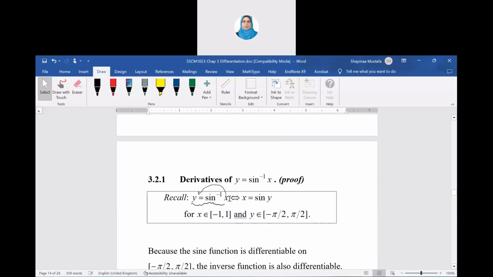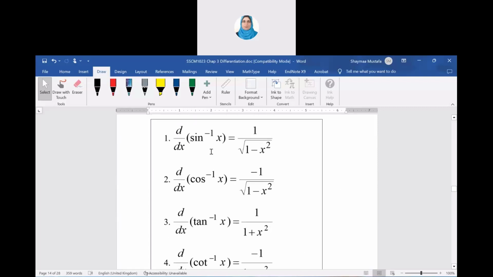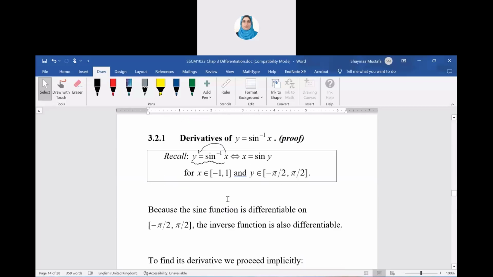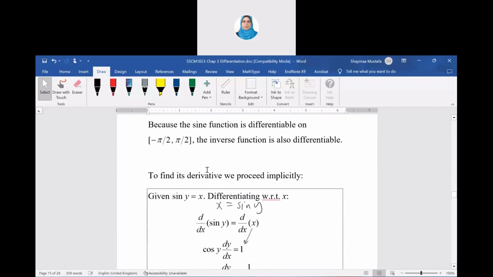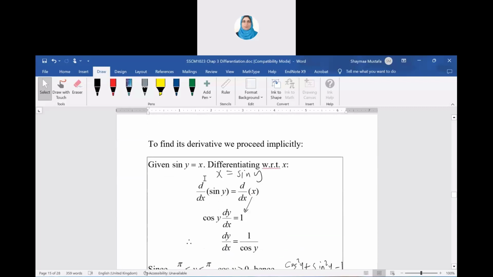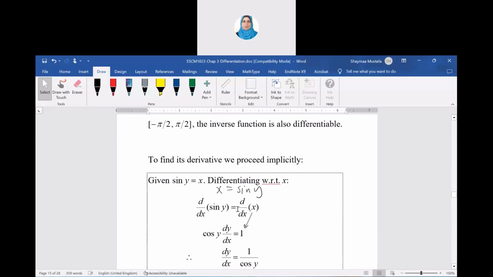Good. So how can I prove that the derivative for sine inverse x is equal to 1 over square root 1 minus x squared? So I need to prove this.